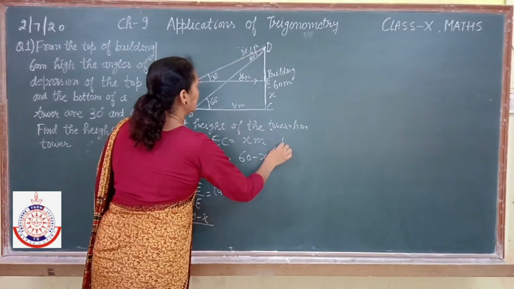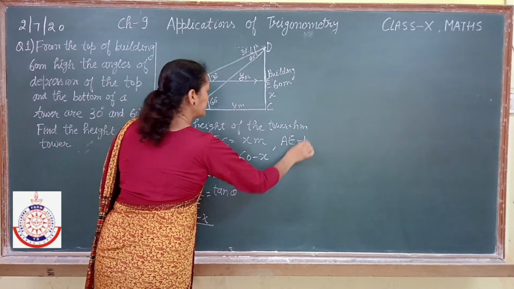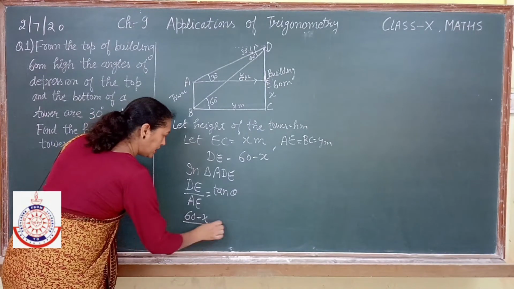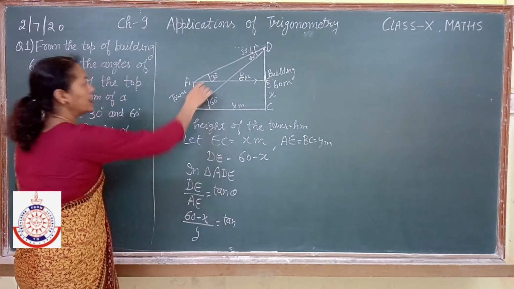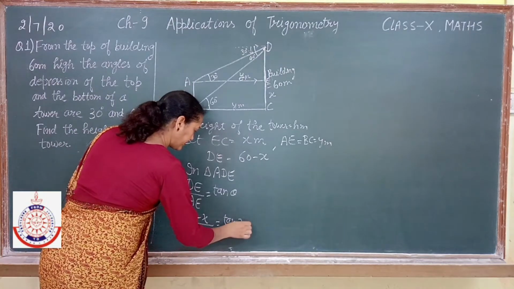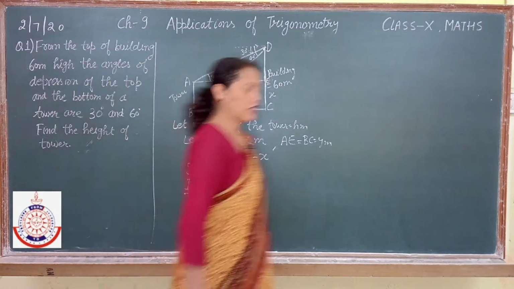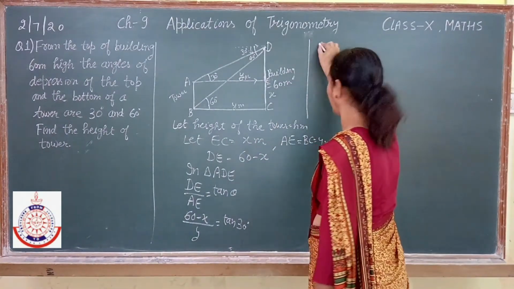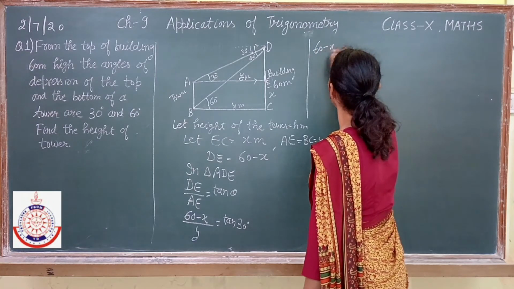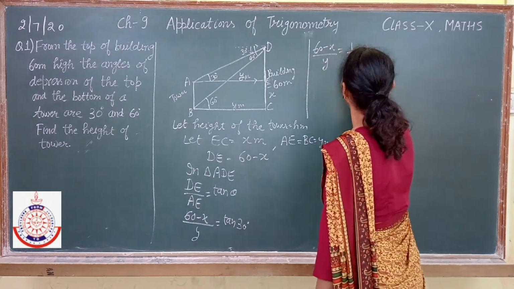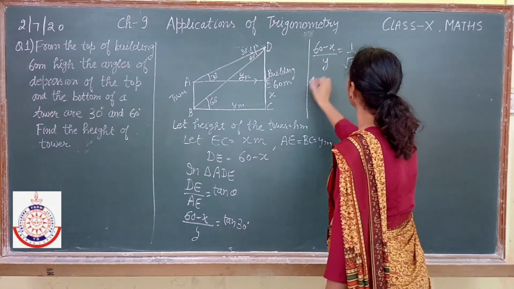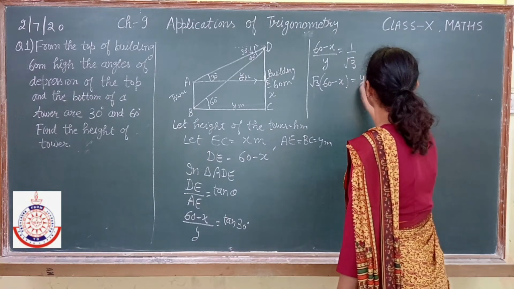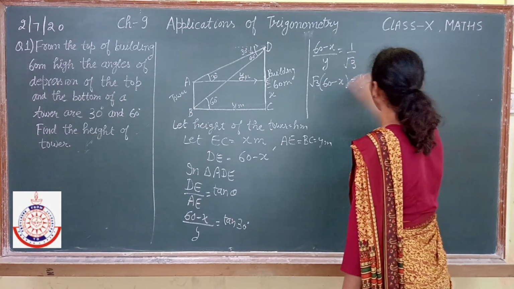Let us take AE as well as BC as Y. So 60 minus x upon y equals tangent 30 degrees. Tangent 30 is 1 upon root 3, so 60 minus x upon y equals 1 upon root 3. Cross multiplication will give root 3 times 60 minus x upon this Y, so Y will be obtained.